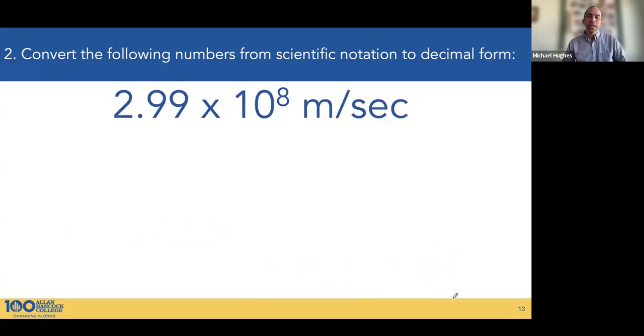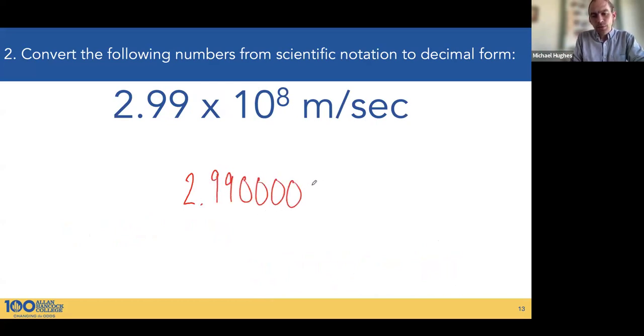All right, 2.99 times 10 to the 8 meters per second. So this is going to be a number much larger than 1, so the zeros will go after our 2.99, not before. This is the speed of light. Let's see it in decimal form, 2.99, and let's add some zeros. We know we'll need them.